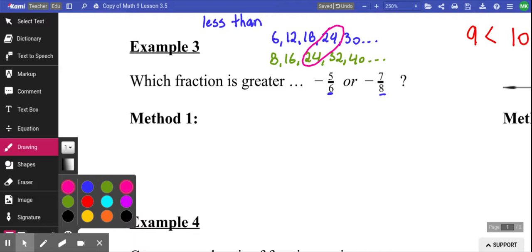To make each number 24, how would I make the 6 into 24? Yeah, times by 4. And we're going to do that to the top and the bottom.